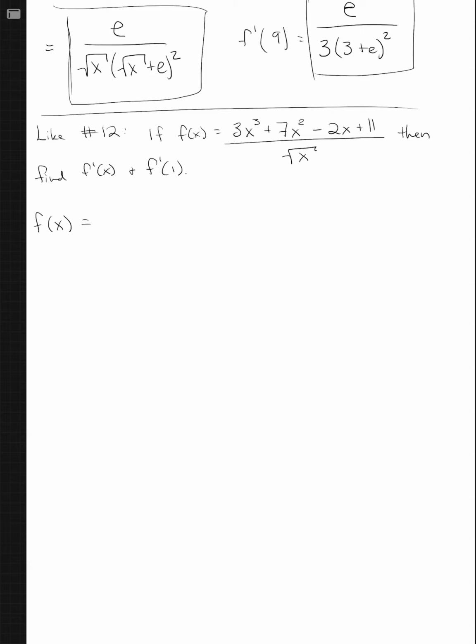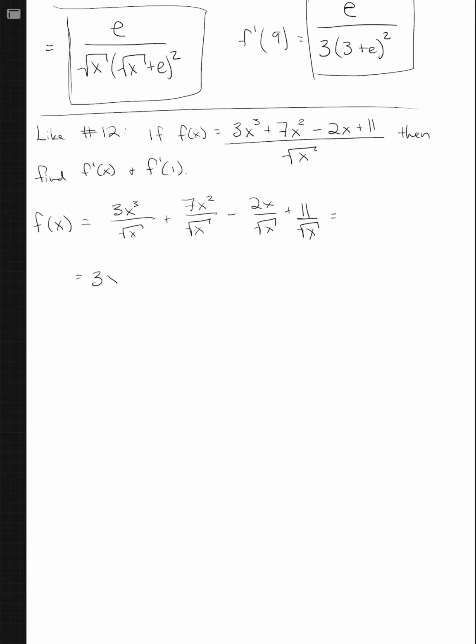Because when you have a sum up top and a single term on the bottom, you can split that up like this, where that single term gets divided by all the terms that you have up top, right? Which may seem like we just made it more complicated, except each of these terms now is a power function, kind of like what we had on problem number 6, right?